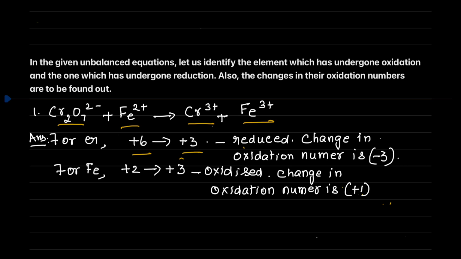The change in oxidation number is minus 3 and chromium is reduced. For iron, the oxidation number on the reactant side is plus 2 and that on the product side is plus 3. So there is an increase in oxidation number. Iron is oxidized. The change in oxidation number is plus 1.